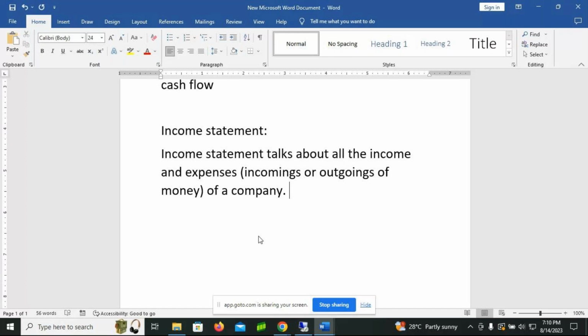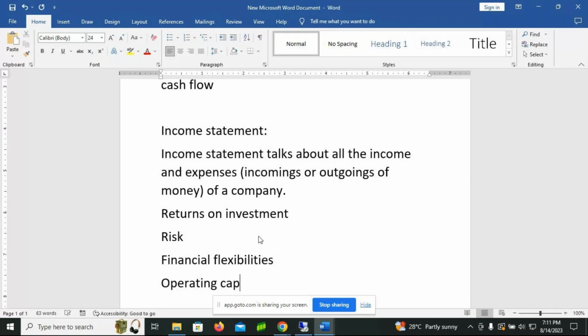So income statements are going to show the returns on investment, then risk, financial flexibilities, operating capabilities. So income statement is going to show all the other things which include the incomings and outgoings.